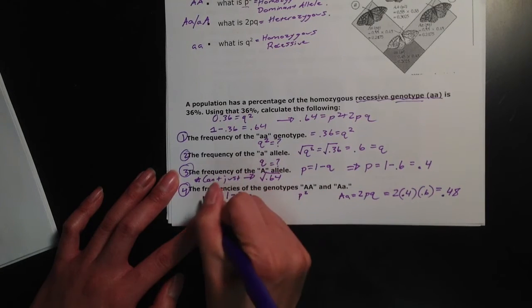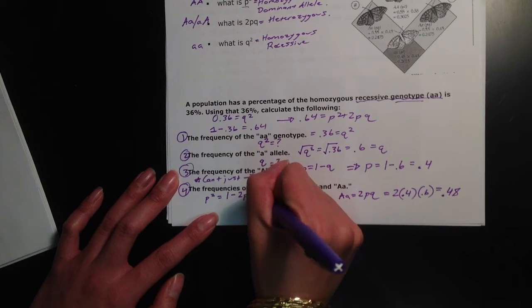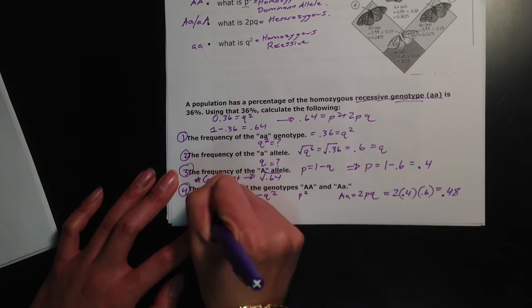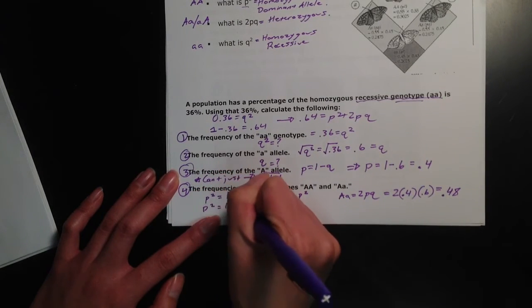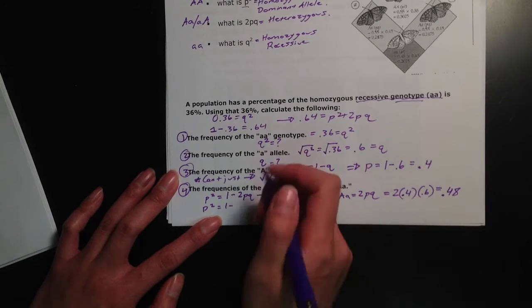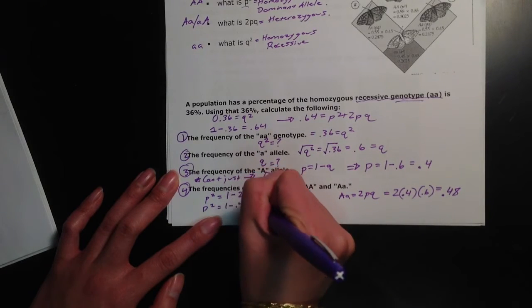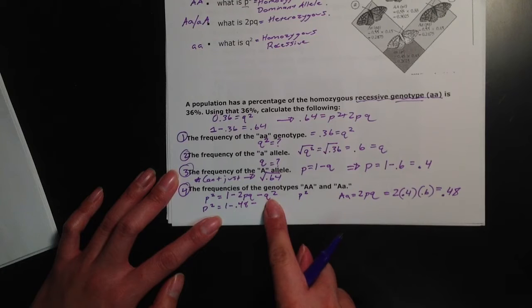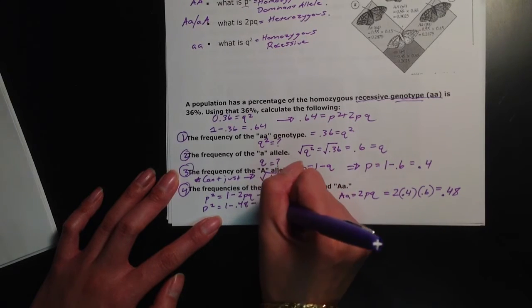I'm moving this over from the other side. So p squared is equal to 1 minus my 2pq, which is 0.48, minus my q squared, which I determined earlier was 0.36.